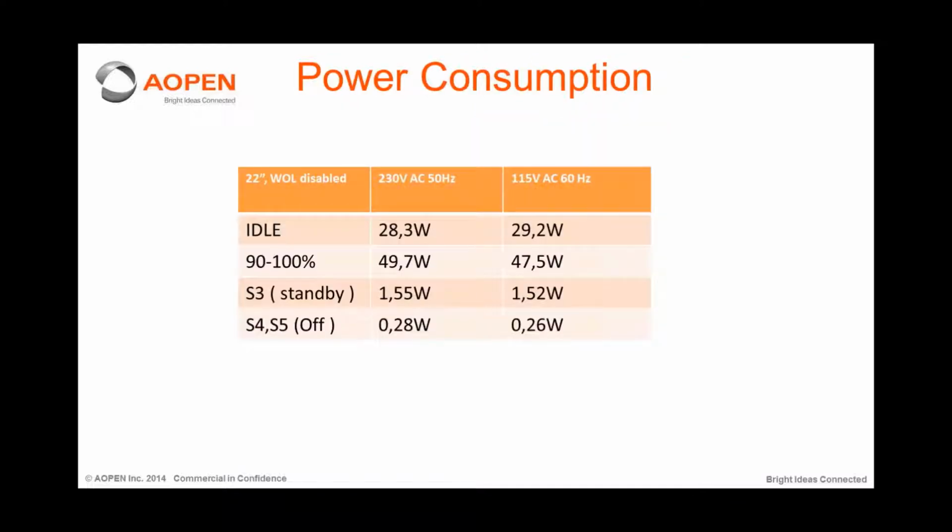Then we have 2 USB 2 ports which can supply 2 amperes each, and 2 USB 3 ports which can also support 2 amperes each. In order to connect a secondary screen, we also have an HDMI port and an RJ45 network connector to connect it to a network. If you want to connect some speakers or an amplifier, there are also 2 audio ports for audio in and stereo out.